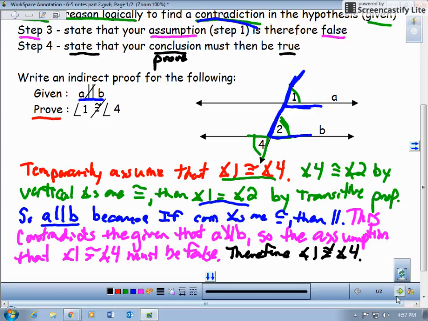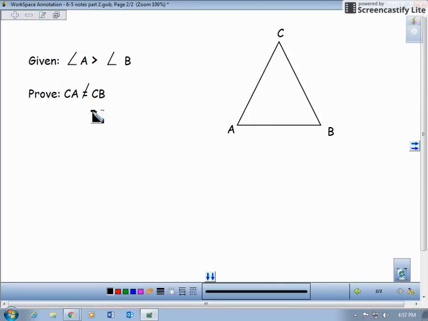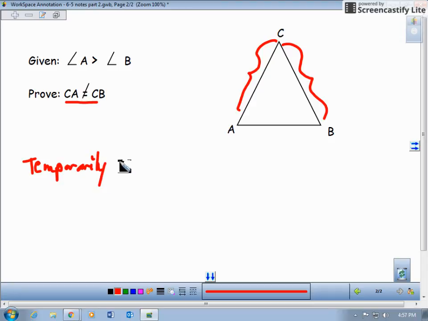Let's take a look at another one real quick. If we're given that angle A is greater than angle B, and we want to prove that CA, this length here, C to A, is not equal to C to B. The first step is to take our proof statement and temporarily assume that CA is equal to CB.